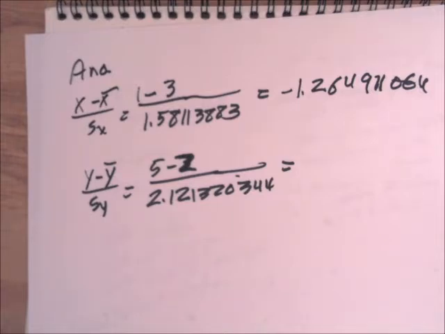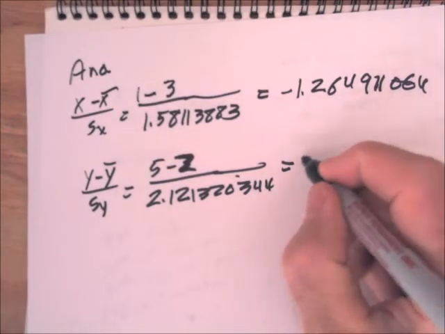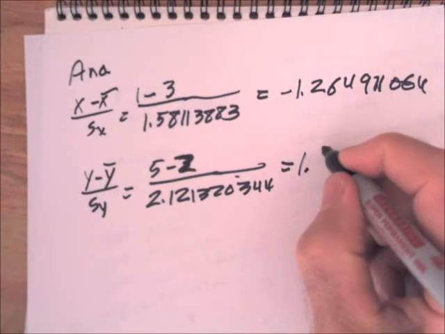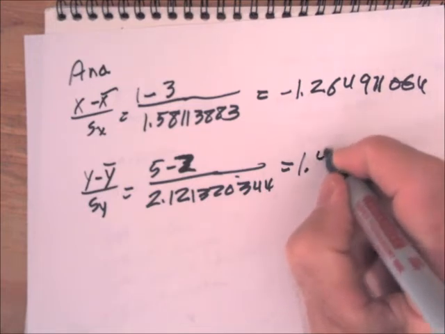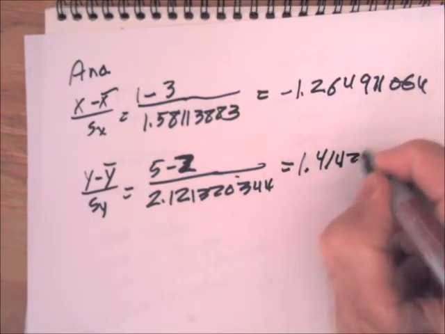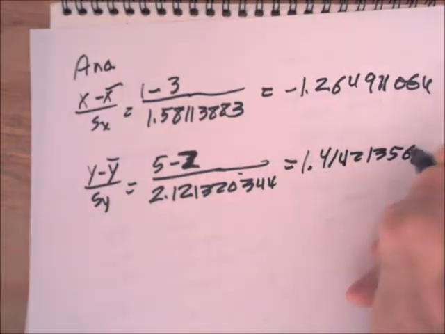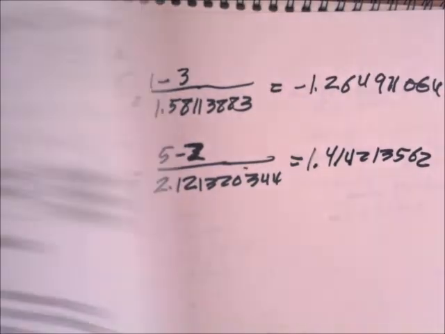Okay, so this 3 divided by second recall. 1.41 something, and that will be positive. Okay, so we can put those numbers into this chart here.